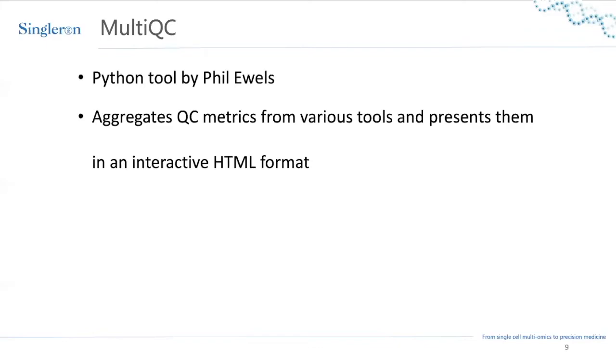So not only FASTQ files, it can also aggregate things related to your mapper, to Picard tools and whatnot, and then will generate an HTML file with very nice interactive graphs. So if you have written a pipeline with so many quality control metrics, you don't want to go through them one by one. Just run MultiQC on them and it will aggregate all the data together. That's quite handy.